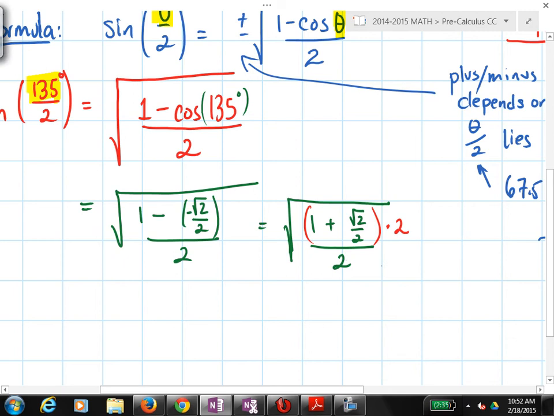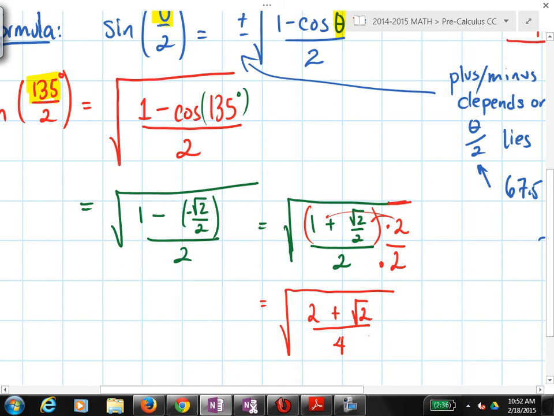But whatever I do to the numerator, I have to do to the denominator, so I multiply both. I'm still within the radical, by the way. Now distribute the 2 into both of these, and you're left with 2 plus what? Just the square root of 2, because it cancels the denominator, and then over 4.